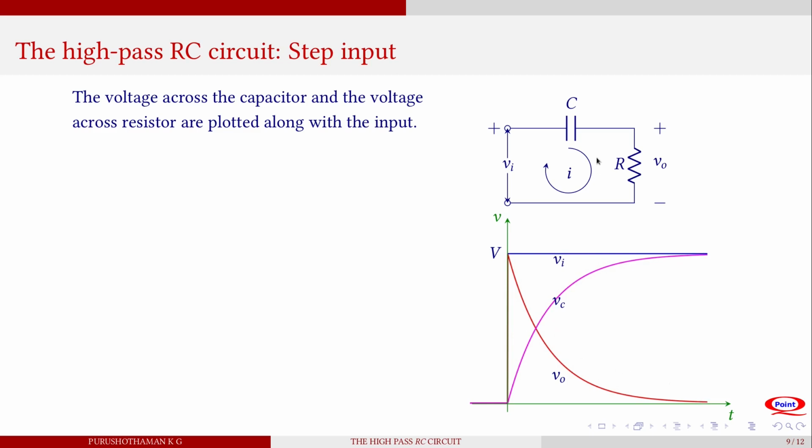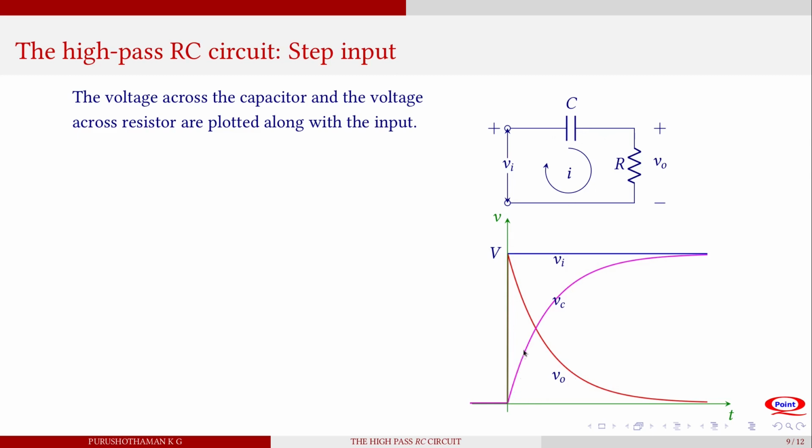So what actually happens? In this circuit, the capacitor charges. There is a current flowing through the capacitor, and when the current is flowing, the capacitor charges and the voltage across the capacitor rises. When the voltage across the capacitor rises, the current in the circuit reduces.